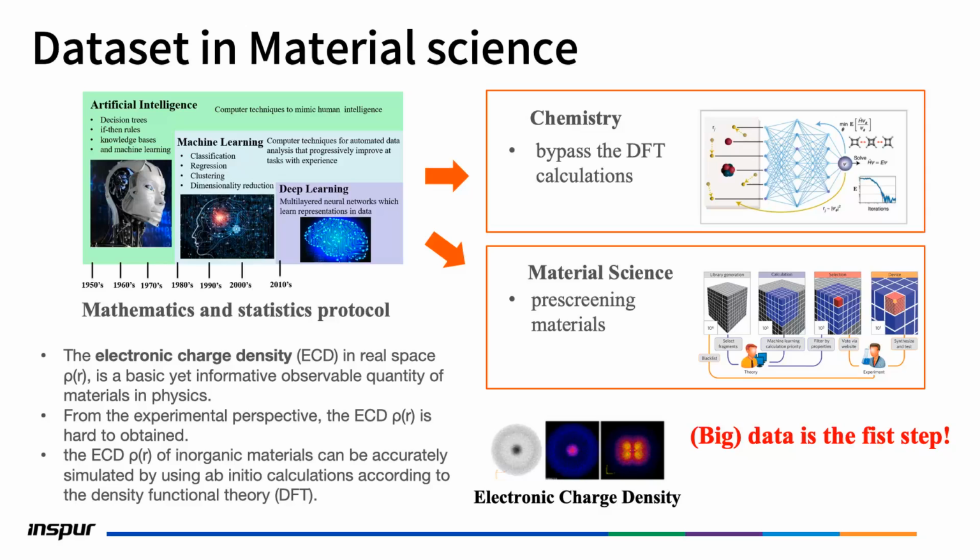On the contrary, the electronic charge density can be accurately simulated by first principles computation, such as the density functional theory method. Furthermore, the computational demand of density functional theory is appropriate for realistic materials. So our first work for building the data-driven scientific workflow is building a materials informatics database by using state-of-the-art first principles calculation.